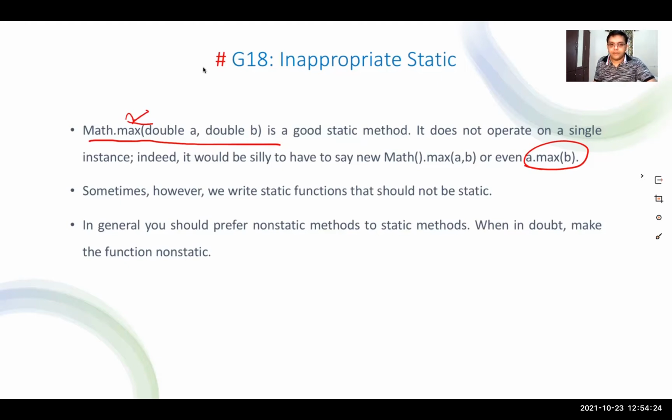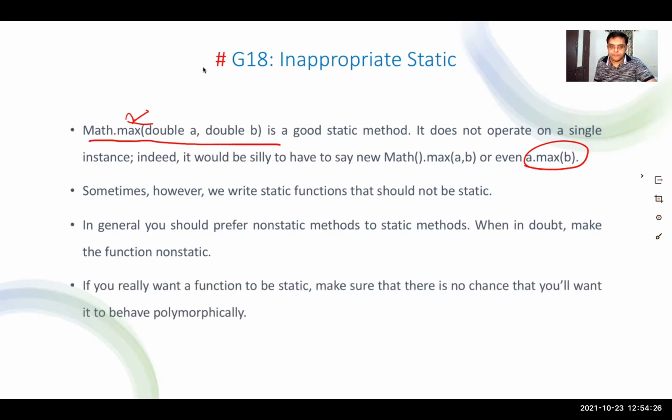Whenever you are in doubt, make the function non-static. And if you really want to make it static, make sure there is no chance that you will want it to behave polymorphically. We said polymorphism means multiple forms, so if it is static, it should be only one thing.